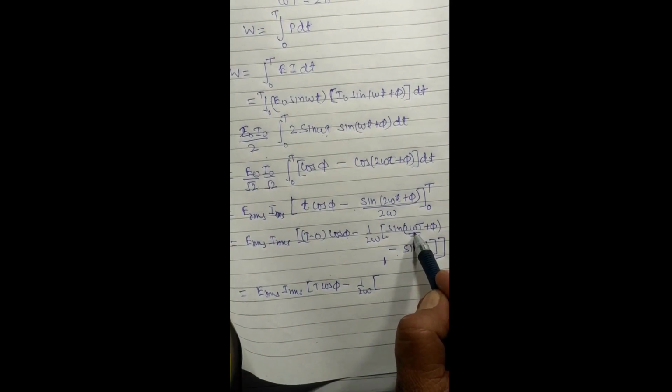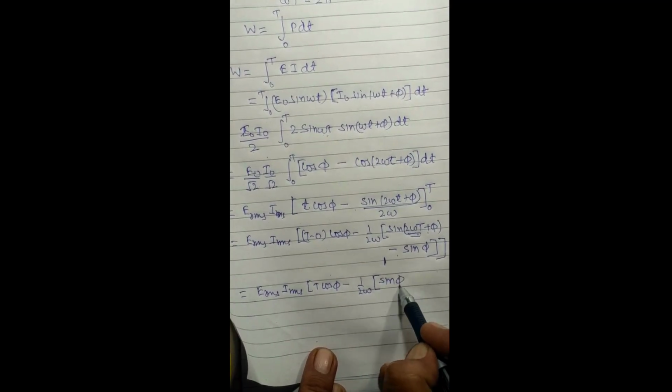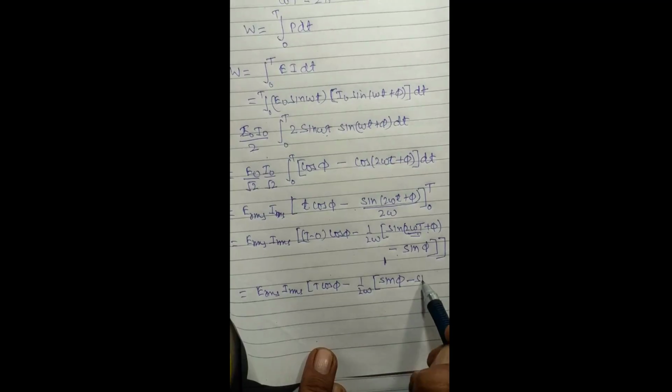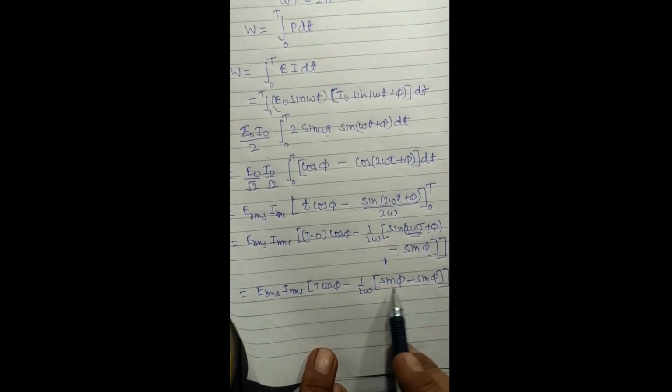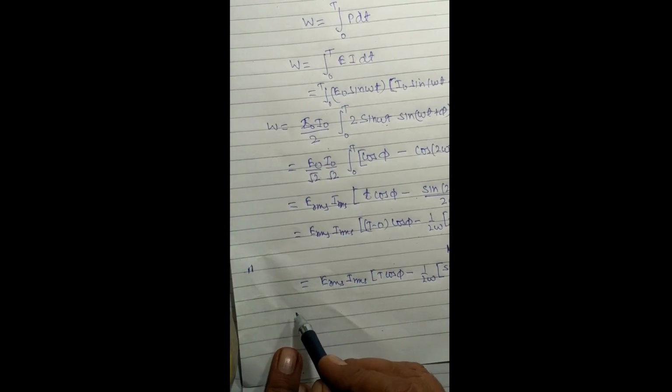So on replacing this omega T by 2 pi, we get 4 pi. And you know that sine of 4 pi plus theta is sine theta. So we are left with only sine phi and the other minus sine phi. Is it clear? These two sine phi cancel out.